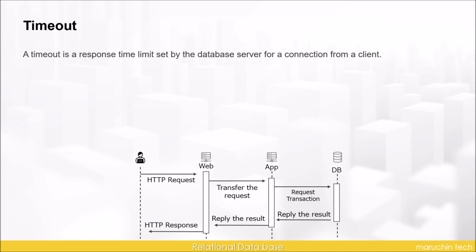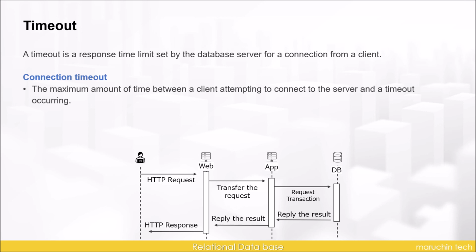There are several types of timeout, including connection timeout and waiting timeout. The connection timeout is the maximum amount of time between the client attempting to connect to the server and the timeout occurring. If the connection is not successful within this time, the connection will be terminated.